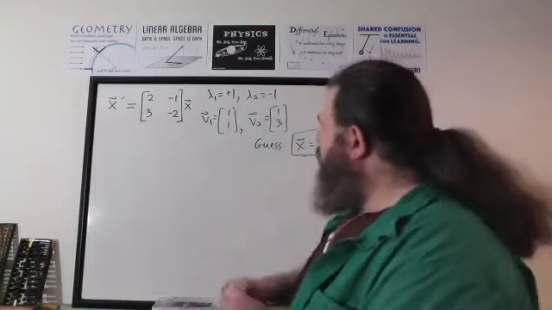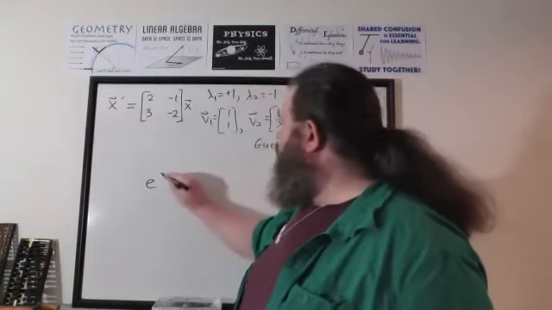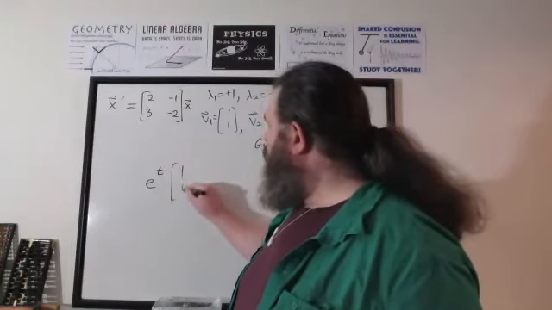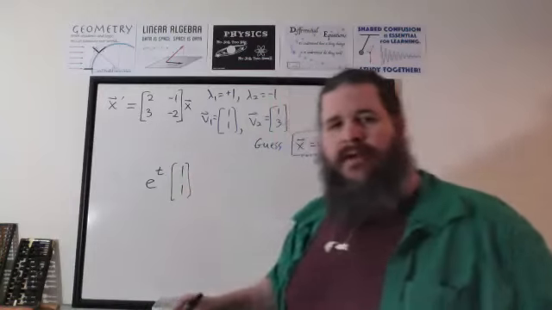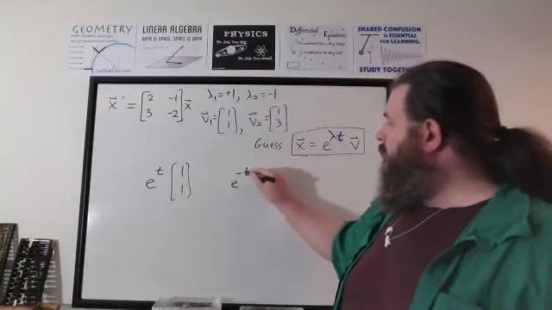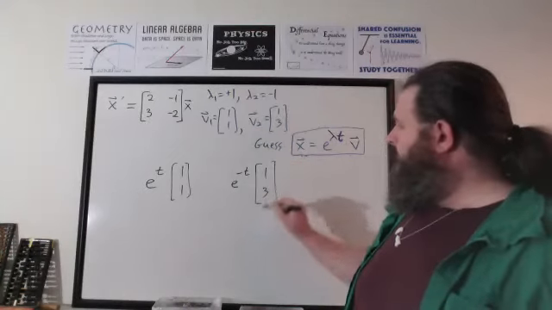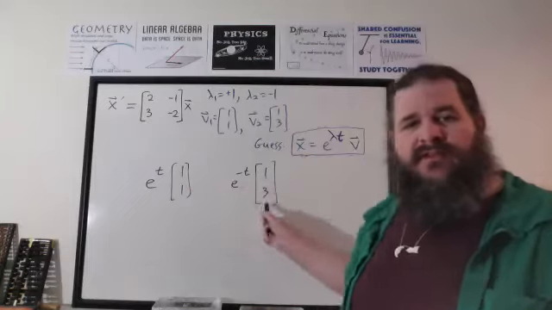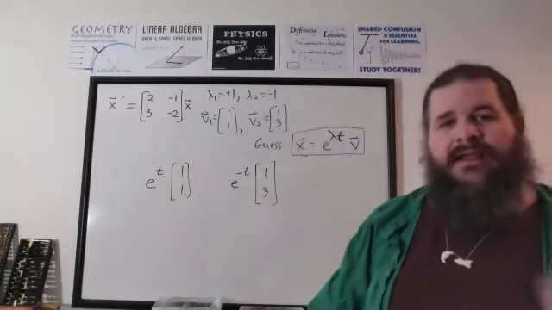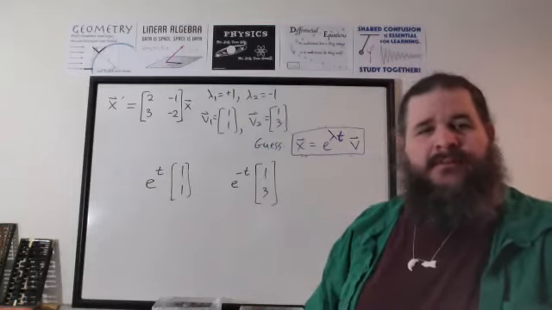So filling that in, we've got e to the eigenvalue t, so e to the 1t times the eigenvector 1, 1. And we also have e to the negative 1t times the eigenvector 1, 3. So each one of these individually, e to the t times 1, 1 and e to the negative t times 1, 3, each of those individually is a solution to the original differential equation.